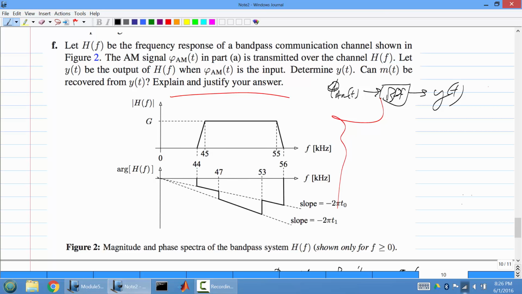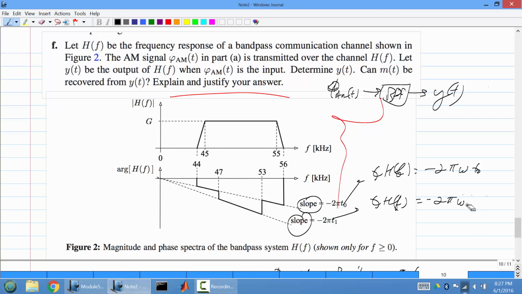So the phase in this particular portion would simply be minus 2 pi omega t naught, and then this here will be minus 2 pi omega t of 1. They're telling you that the slope is constant, so that means that the actual phase itself is linear. Okay, so that's what's happening here.